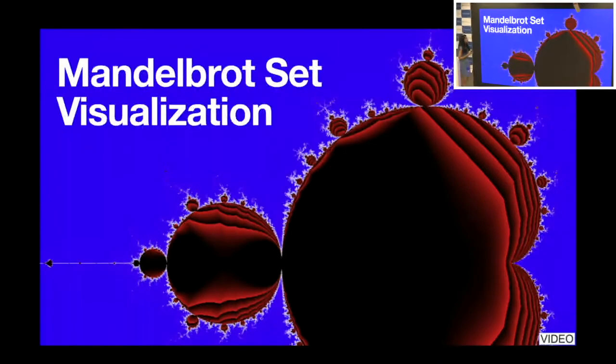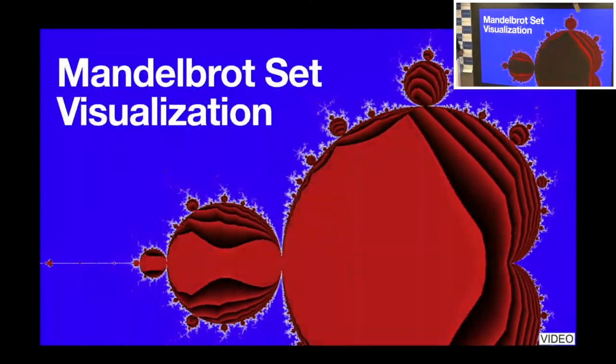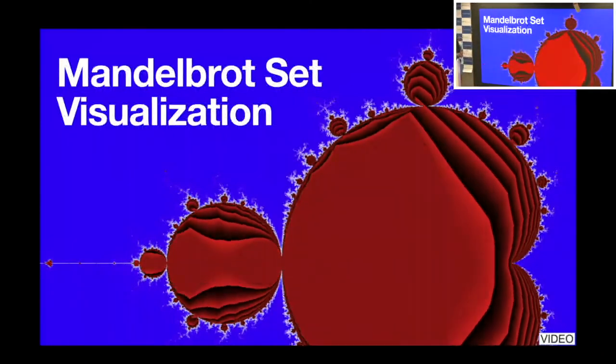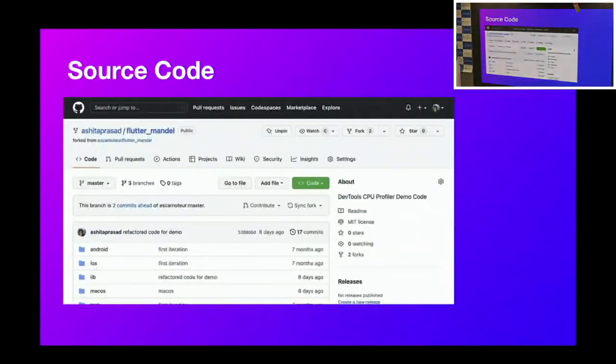So we will be again doing a case study here, which is the Mandelbrot set visualization. So this is basically how a Mandelbrot set looks like. Again, the source code for this entire exercise is available on my GitHub.